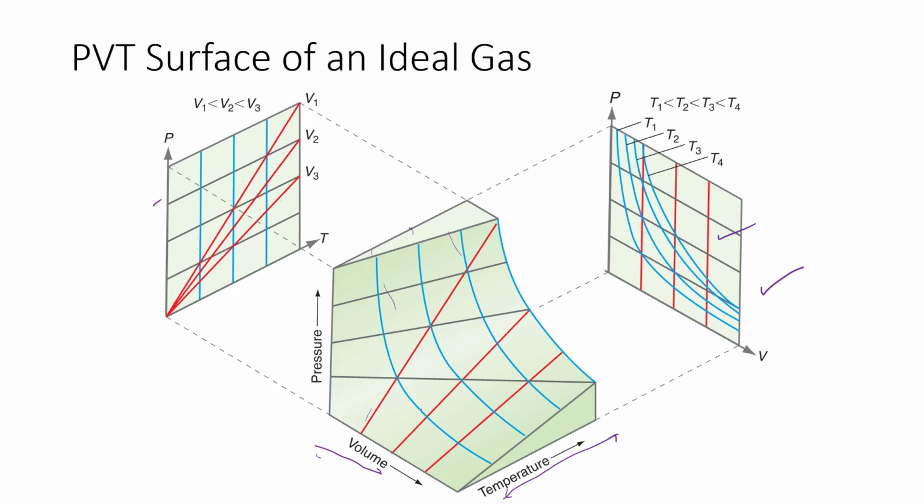So cut it along that line, you get a plane. You cut along this line, you get a plane, a section. And if you overlap each of those sections over each other, then you get this PT surface, or PT diagram.